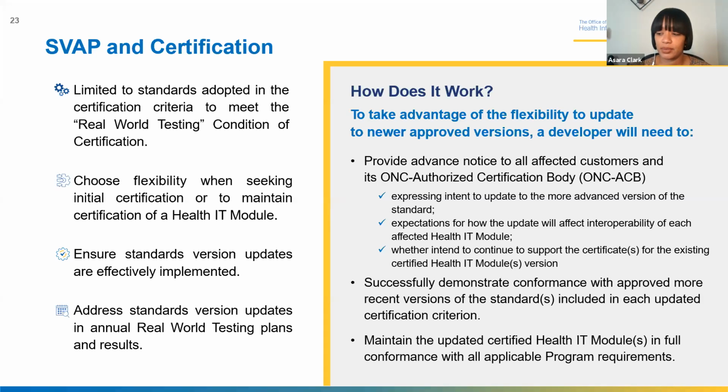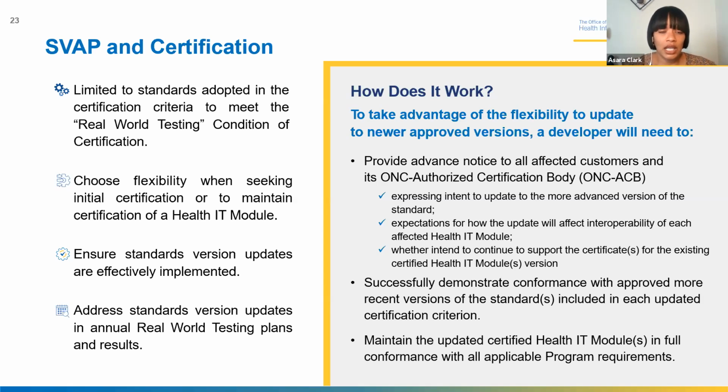It accounts for effective implementation in real world testing. So again, should you choose to take advantage of the SVAP flexibility, you're going to have to real world test, okay? So when ONC puts out these newer approved versions that you're able to update your certified health IT to, or if you're coming in to pursue an initial certification, you are going to have to real world test it.